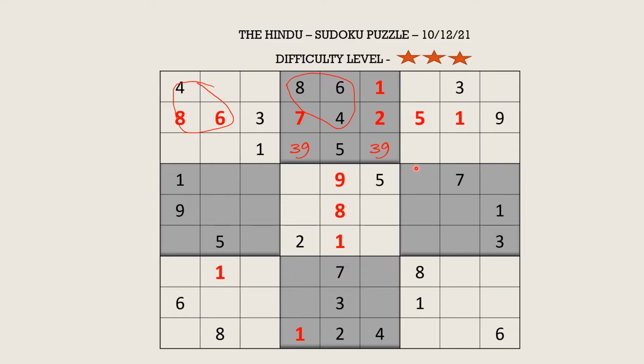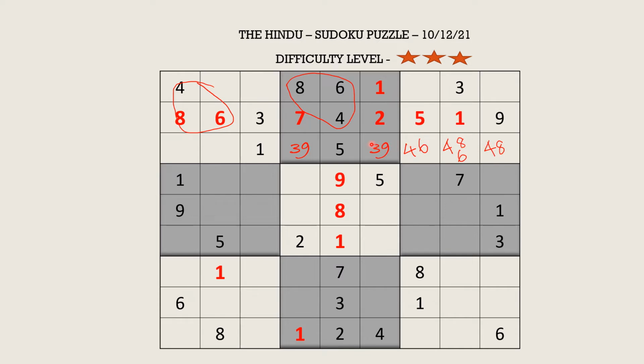We have an 8 here. So that means this cell will take 4, 6. And this cell can take 4, 8 and 6. This cell will take 4 and 8. So we have a triplet formed here.